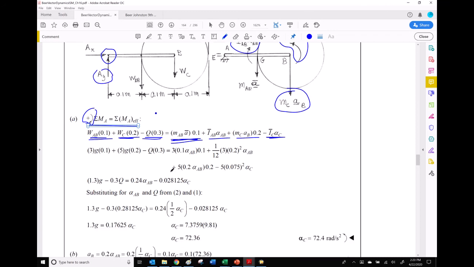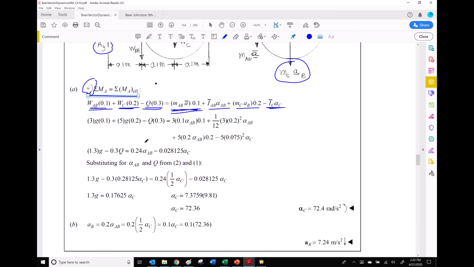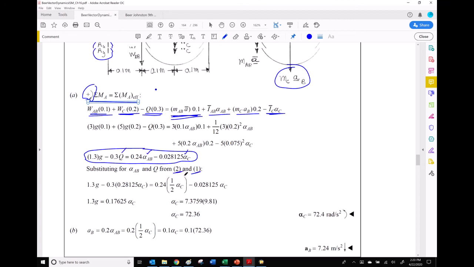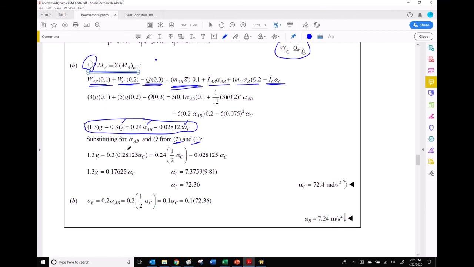Anyway, we plugged some numbers into there, and we're left with this equation. I don't know why they left G in there. But you can see that we have three unknowns. We had those two equations right up above. We're able to combine them together, and then we're able to find the alpha c.